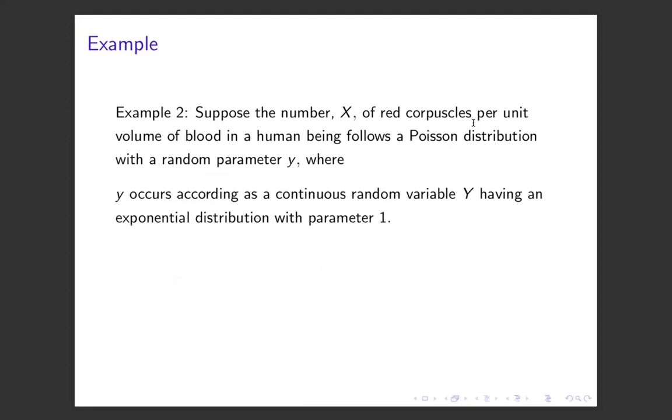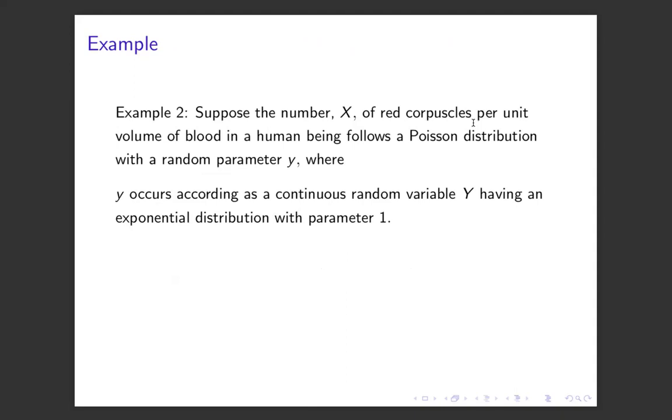So in this example, suppose the number X denotes the number of red corpuscles in unit volume of blood. Empirically, it has been found that this follows a Poisson distribution.